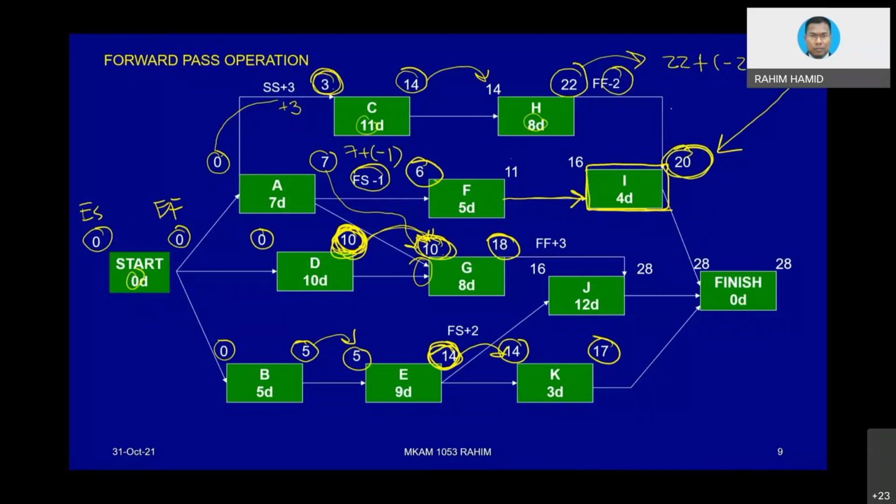Okay, double check. If this is 20, what would be the starting for this activity? So we work backward. 20 minus 4 would be 16. Remember, the one that we evaluate initially from F is here, 11. 11 plus 4 equivalent to 15.